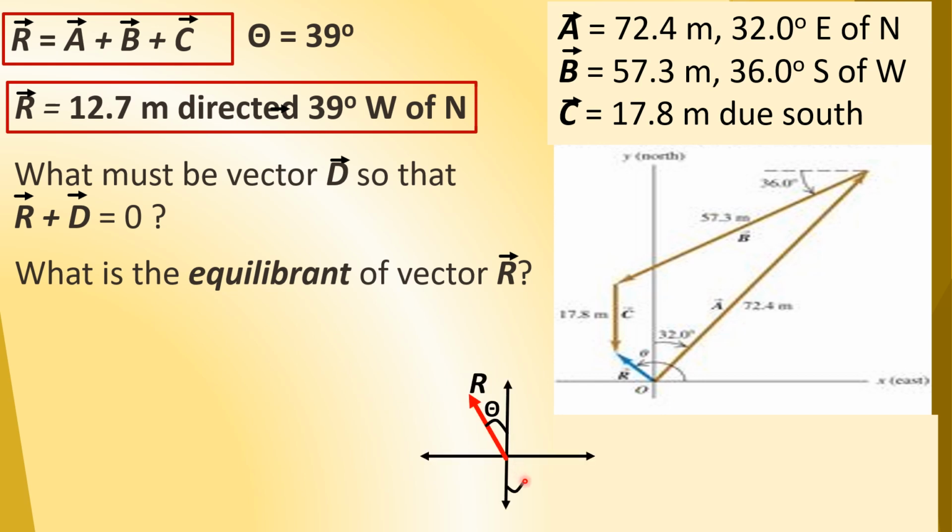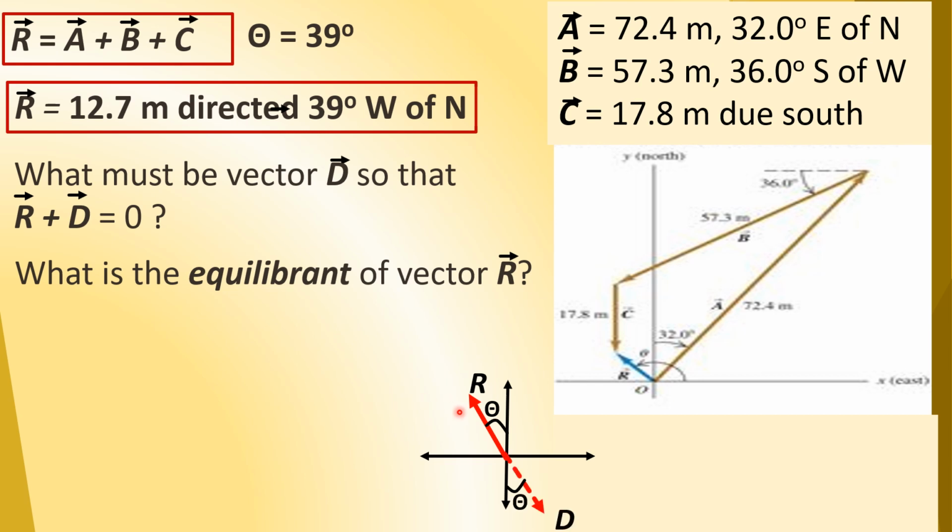In the diagram, we earlier noted that the green arrow in the original figure represents the vector R. So we again redraw it here. The red arrow now is what represents the vector R. Alright, what is the vector that is opposite to that red arrow?